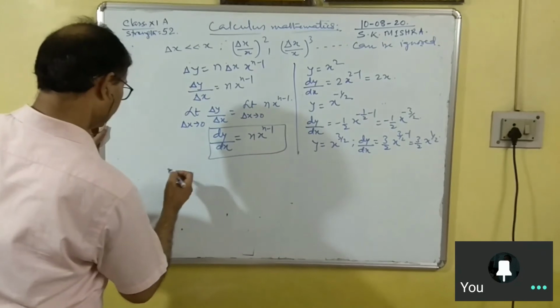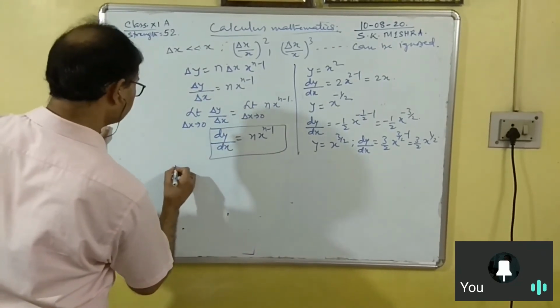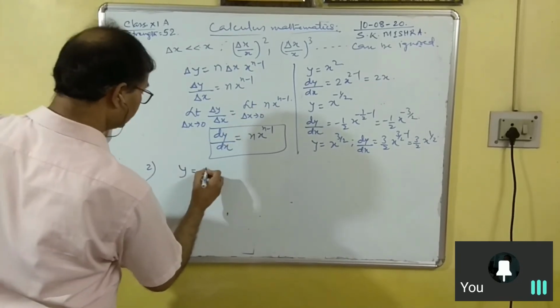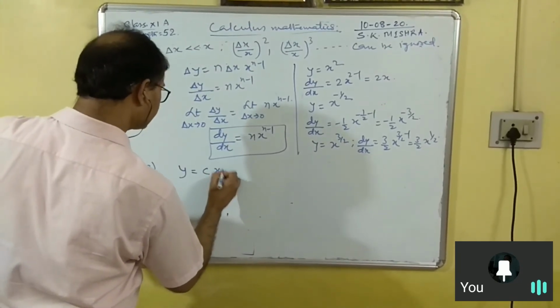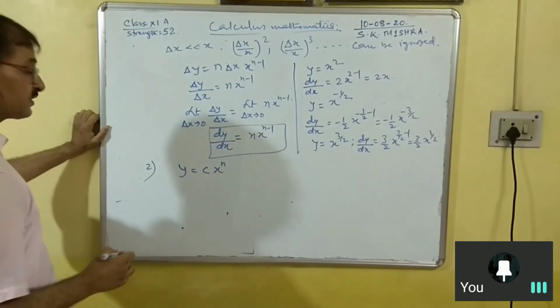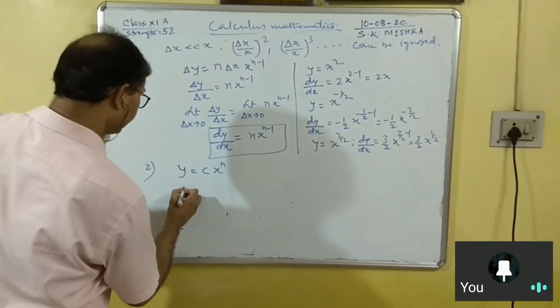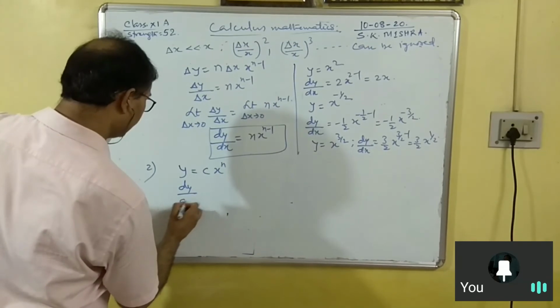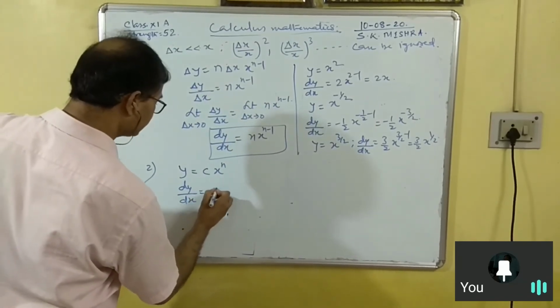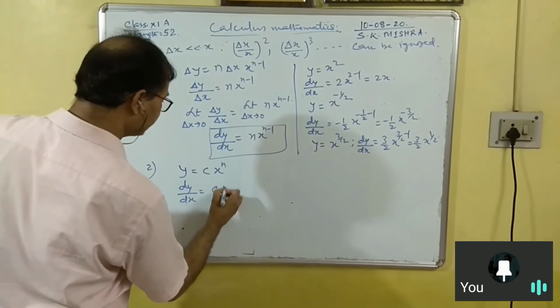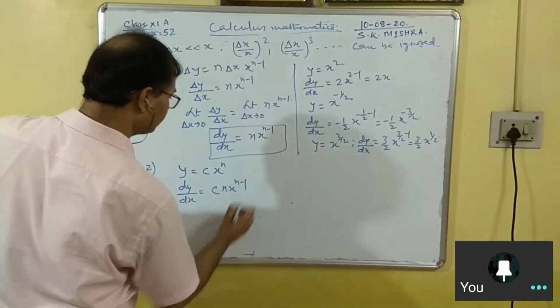Now I'm doing another question. The second formula: y is equal to some constant c times x raised to n, like 2x squared. Then how will you take the differential coefficient? dy by dx: the constant should be kept separate, and then x raised to n gives n x raised to n minus 1.